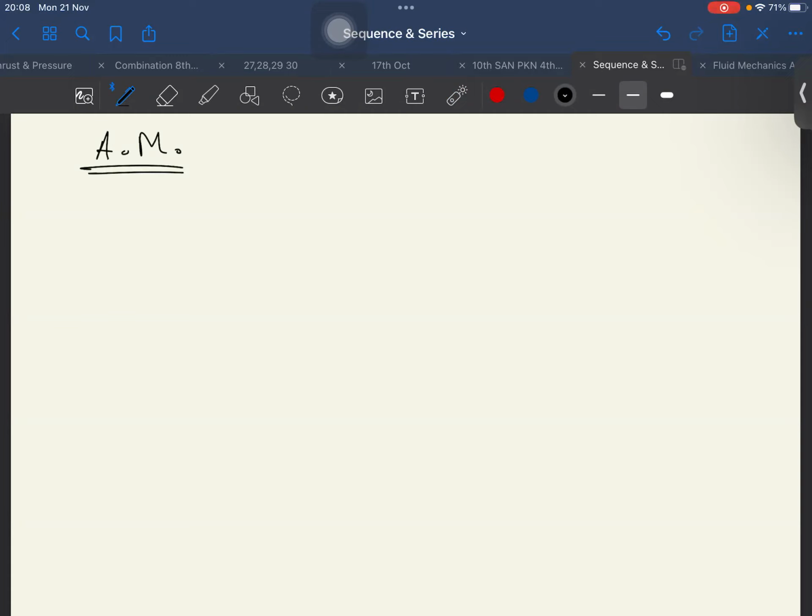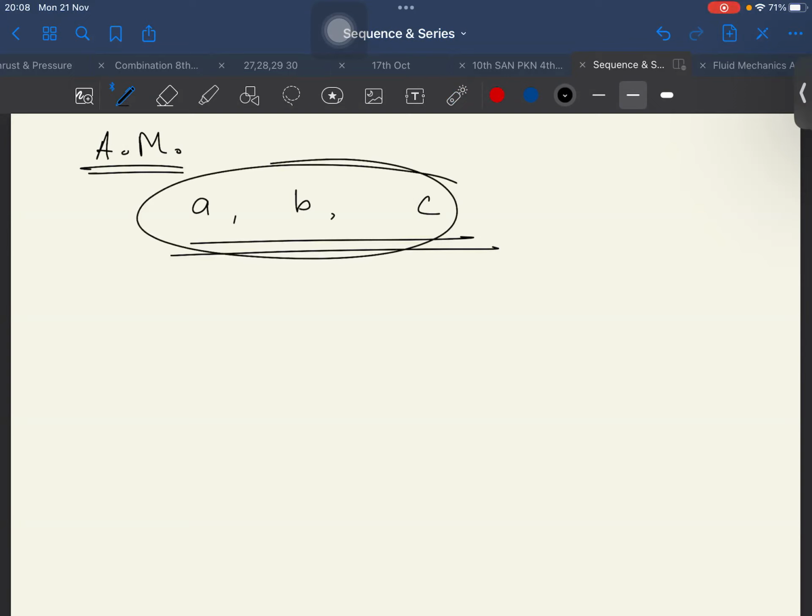So if you have 3 numbers A, B and C, and we say that these 3 numbers are in AP, tell me any numbers in AP, like 2, 4, 6. So how can you get B? 6 plus 2 plus 4 divided by 3.